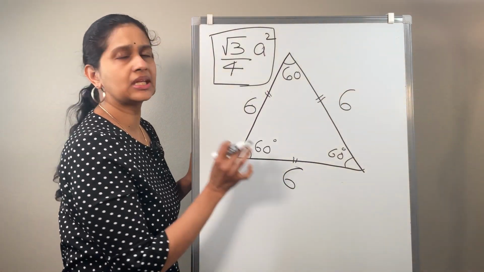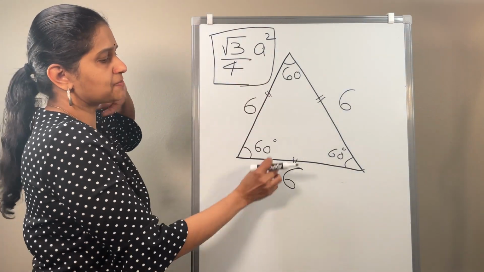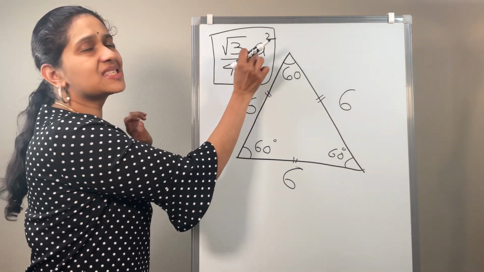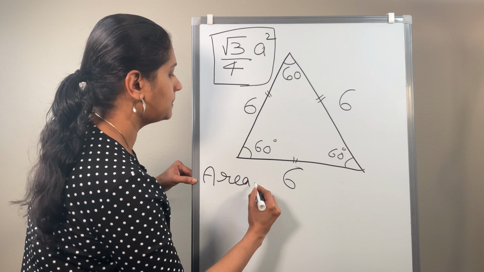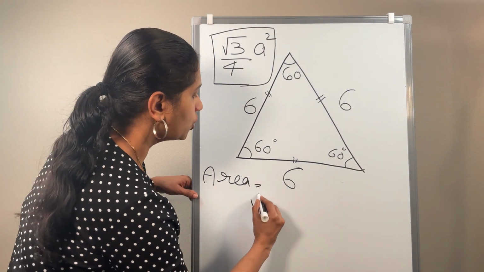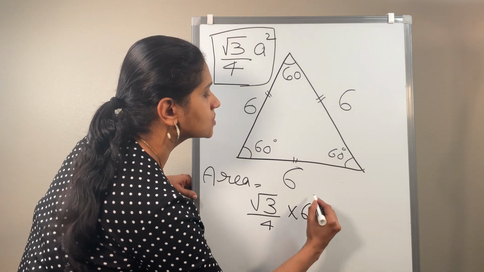So, to find the area, what should you do? Substitute the 6 for this A. So, area of the equilateral triangle will be equal to root 3 by 4 6 square.